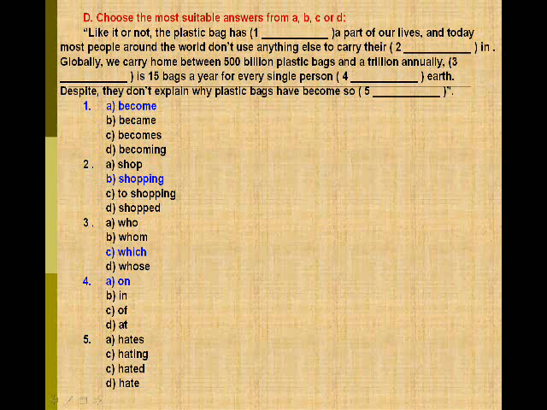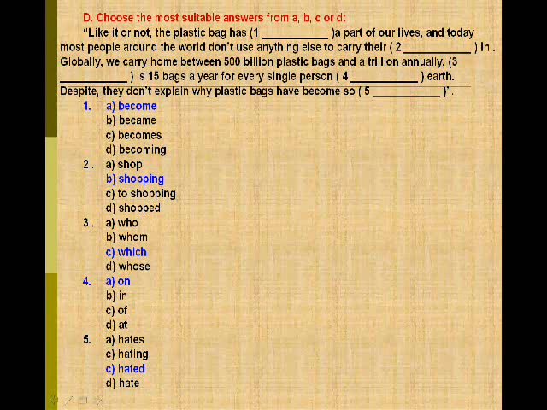The last sentence, despite they don't explain why plastic bags have become so, A, hates, B, hating, C, hated, and D, hate. So what? Yes, hated, okay? Adjective.